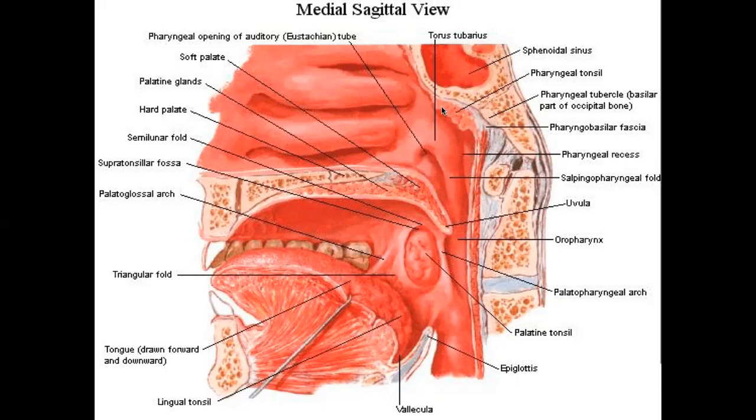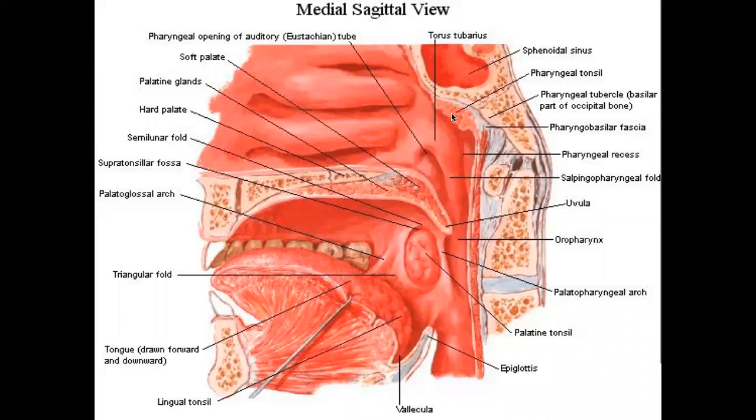So on the roof we have the pharyngeal tonsil, and on both sides the tubal tonsils. These are the tonsils which are seen in the nasopharynx.